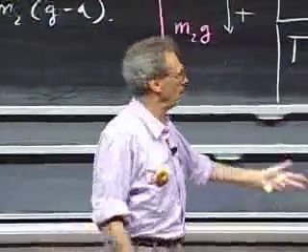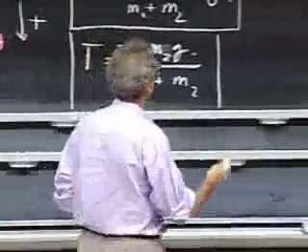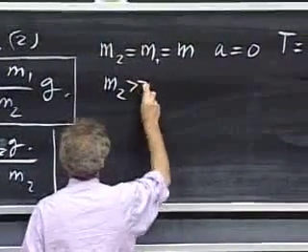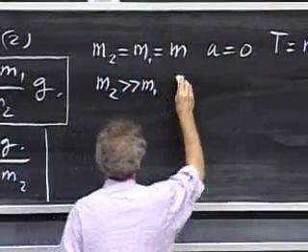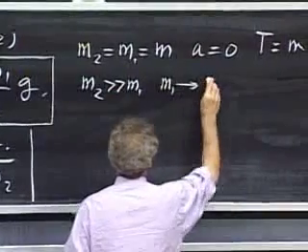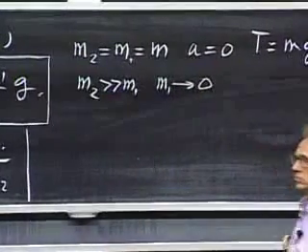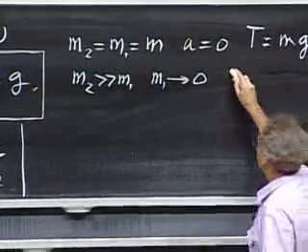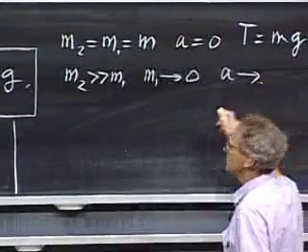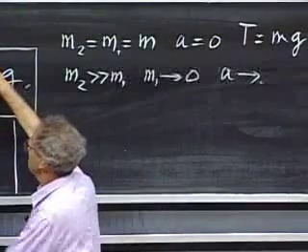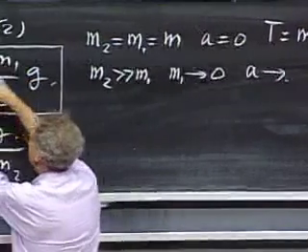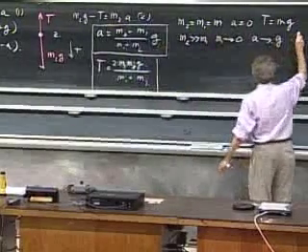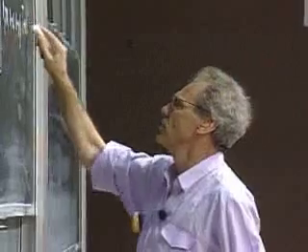Clear. Now we're going to make it more interesting. Suppose we make m2 much, much larger than m1, and in a limiting case, we even go with m1 to 0. Let's do that. What you see now, if m1 goes to 0, this goes away, this goes away, a goes to g, and T goes to 0.